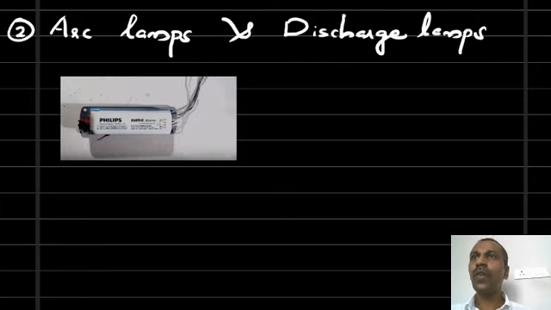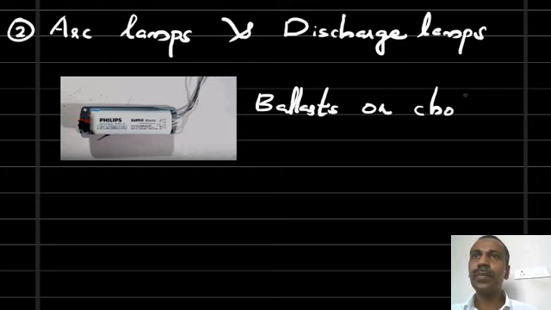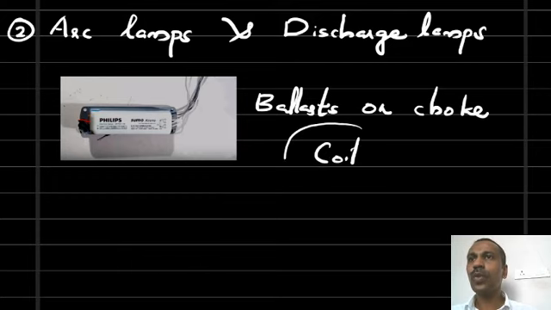The second cause for the lagging power factor is arc lamps and discharge lamps. With arc lamps and discharge lamps we will be using ballast, or we will be using choke. Actually this is a coil. Why do we use this ballast along with the discharge lamp and arc lamp?